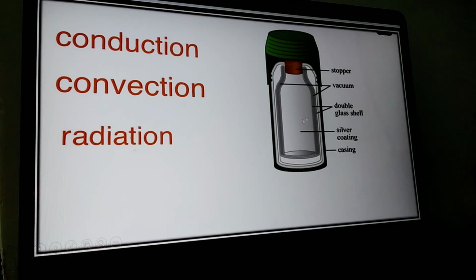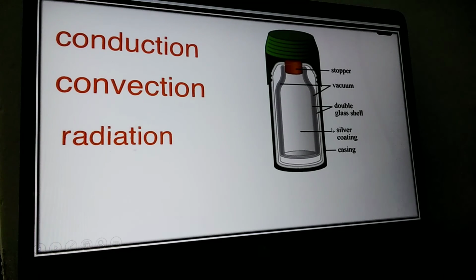See here, this vacuum prevents conduction and convection, since there is no medium. They need a medium to travel.